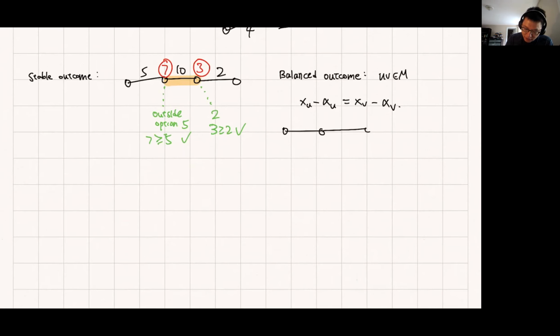I don't know if I can calculate this off the top of my head, but we're off by 1 and off by 2, so maybe 6, 4 will do. No, that's not right. 7.5 and 3.5.